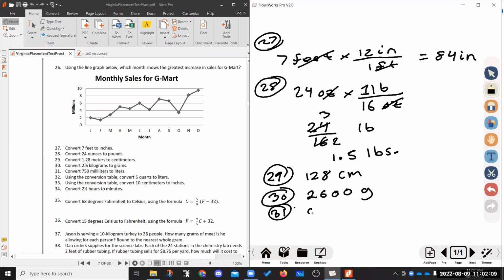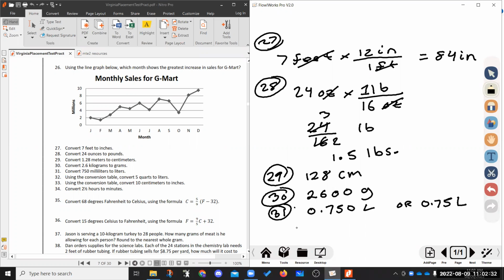So this is going to be 750 thousandths. A milliliter is a thousandth of a liter. So 750 thousandths of a liter, or you could call that 75 hundredths of a liter would be fine. You don't need the 0 at the end.